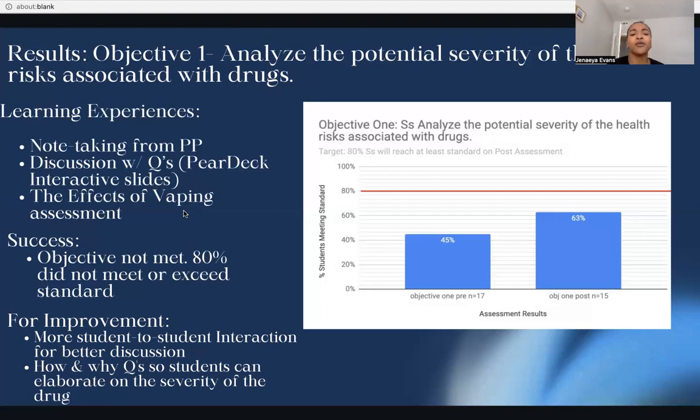And then just more how and why questions so they can elaborate on the severity of drugs. Some of the questions in the beginning were pretty much yes or no, so we couldn't really get into detail. So just expanding and going to a higher level on my questioning may have been beneficial for this objective.